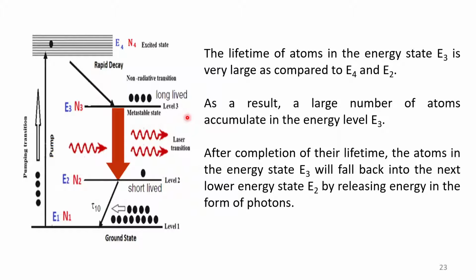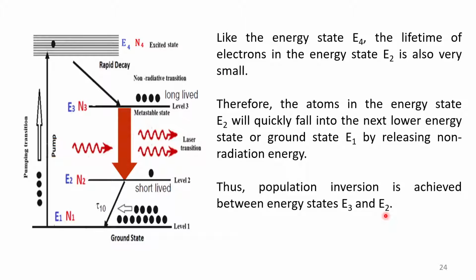Now after completion of their lifetime, the atoms in the energy state E3 will fall back into the next lower energy state E2 by releasing energy in the form of photons.